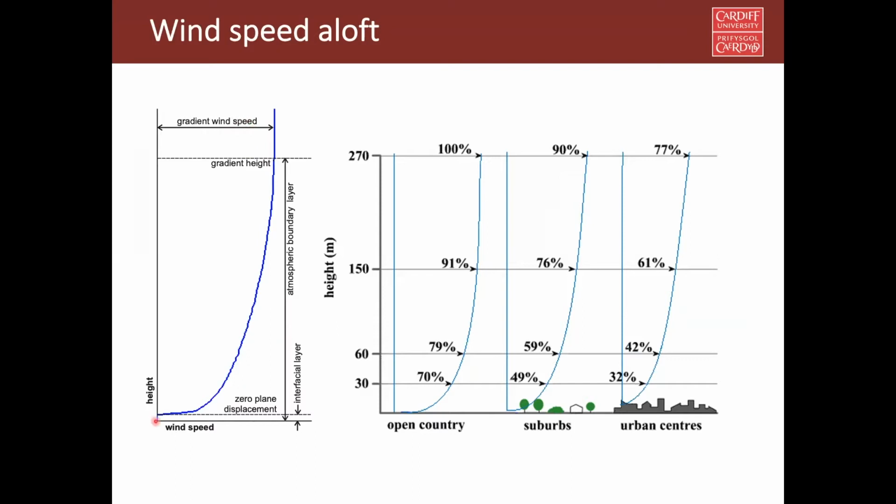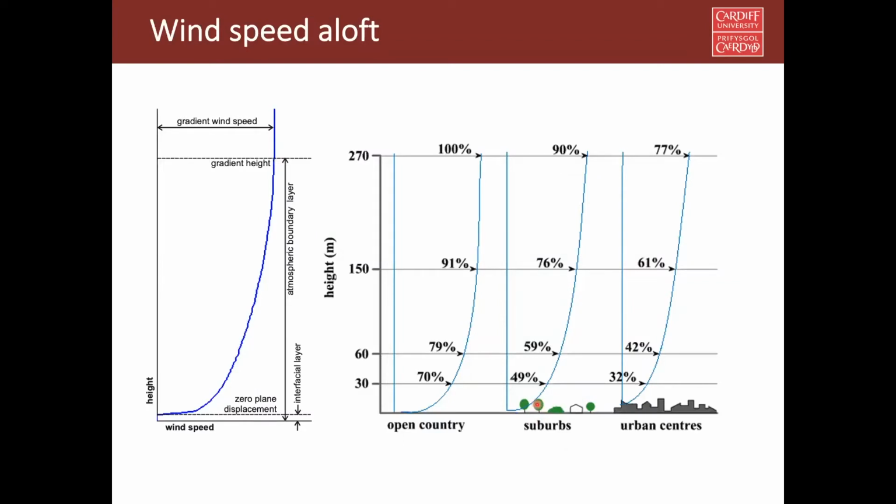And the plane where this velocity increase starts from, we call the zero plane. Now, the zero plane is the ground level when the surface terrain is very smooth, in open countryside, for example. But in a suburb, to get that smooth surface, we have to go a little bit up above these buildings.